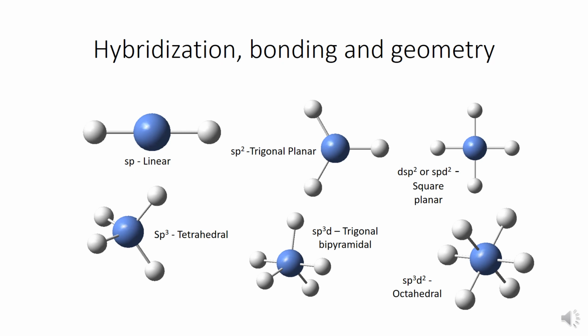But if it is sp2, you realize that there are three whites, three ligands linked to the blue metal center, and you call that trigonal planar. It is in a planar form.